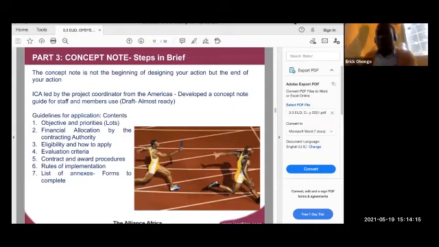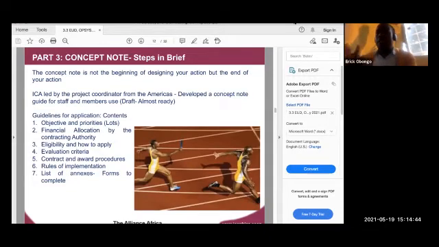But there are also calls which require applicants to just do the proposals alone. It's called the open call for proposals. So for the restricted, you have to follow through the concept note and then you go to the proposal. And we can all understand that the concept note is not the beginning of designing your action, but the end of your action.